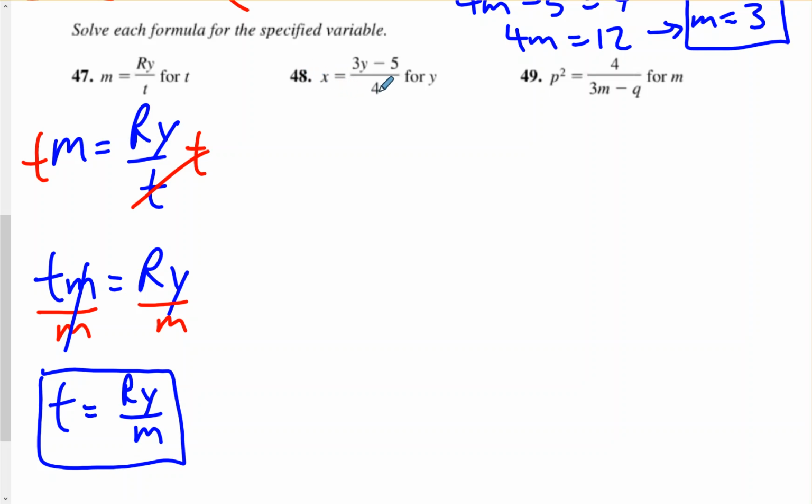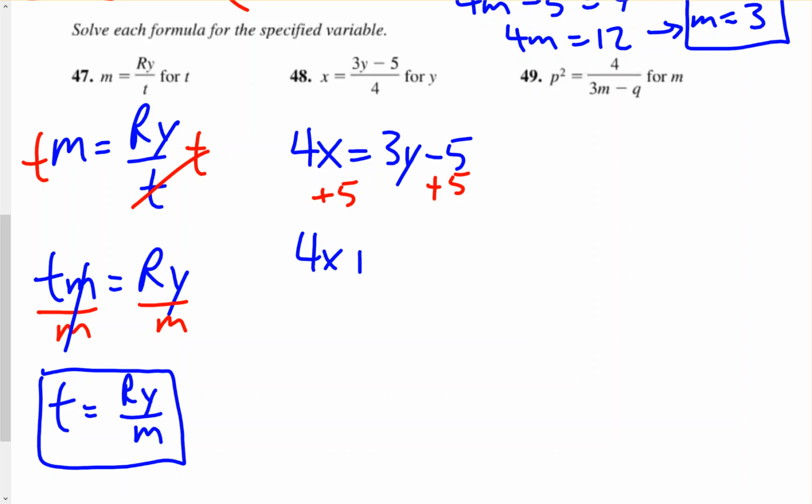Okay, and 48, first thing to do is multiply both sides by 4. So we'll get 4x equals 3y minus 5. We're trying to get the y alone, so let's add the 5, move it to the other side. So we have 4x plus 5 equals 3y.